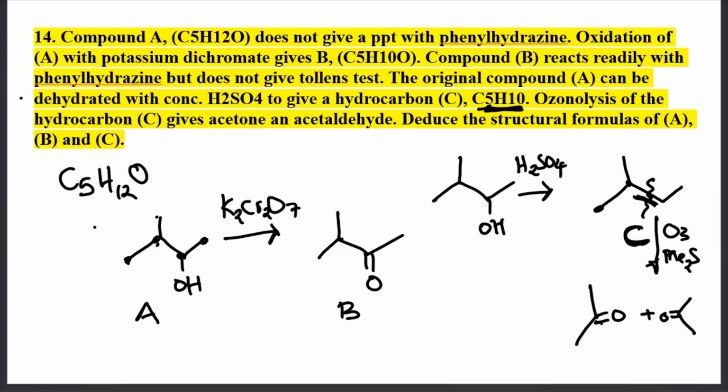So this is acetone. And then this is an acetaldehyde. So that is how this reaction is going to be. So this is A, this is B, this is C, and then when you oxidatively cleave it using ozone and dimethyl sulfide, you're going to get acetone and acetaldehyde. Okay.